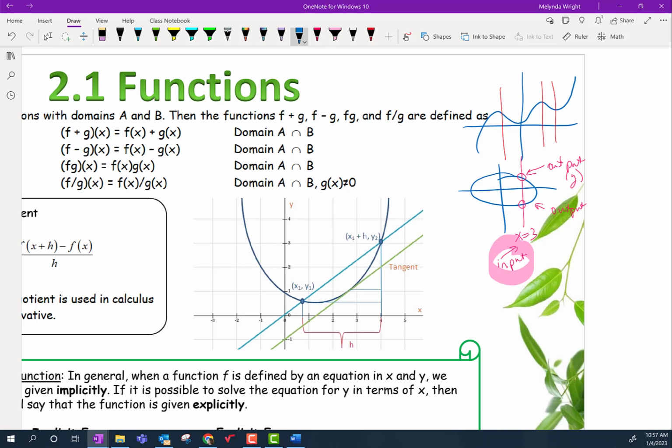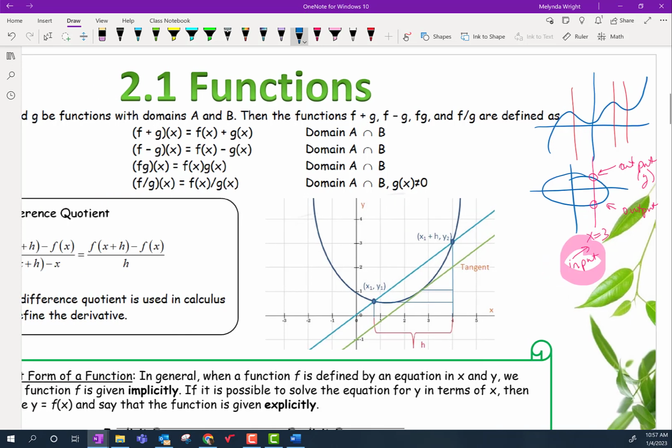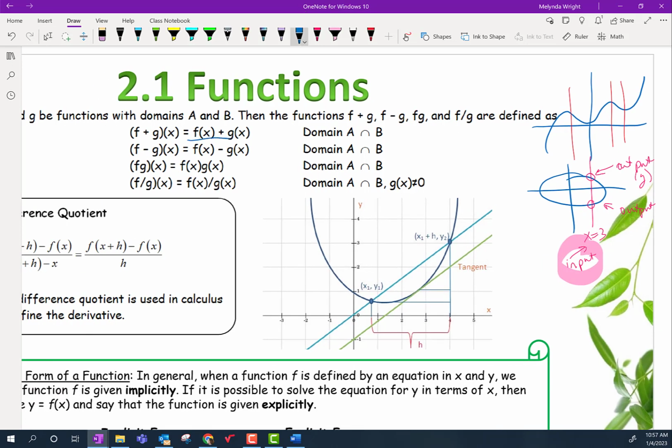Okay. So we're going to do some adding functions together and subtracting, multiplying and dividing. We're going to do all that. We're going to be looking at the domains. This upside down U, just as a reminder, is set notation. That's called an intersection.